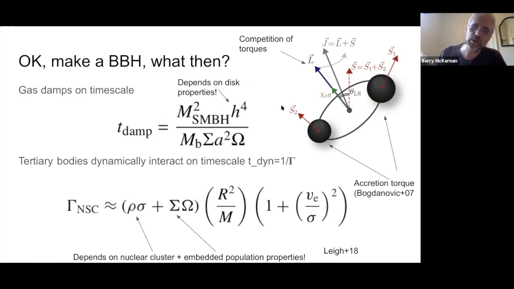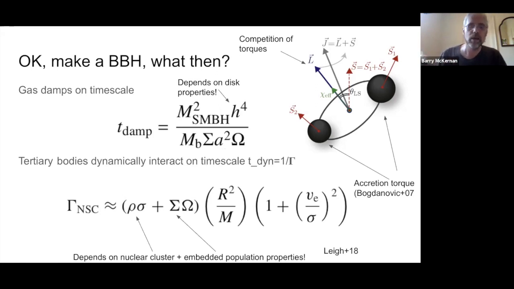That process depends on the disk properties. This thing here, H, is your aspect ratio, just how thick your disk is compared to how far out you are, plus the surface density and your position in the disk.